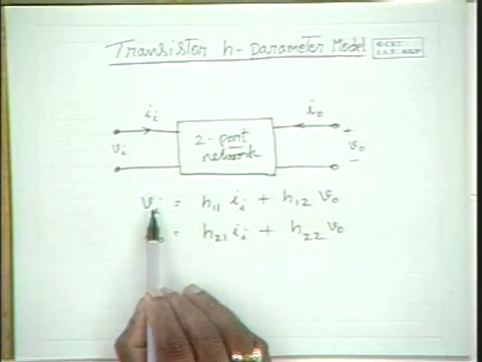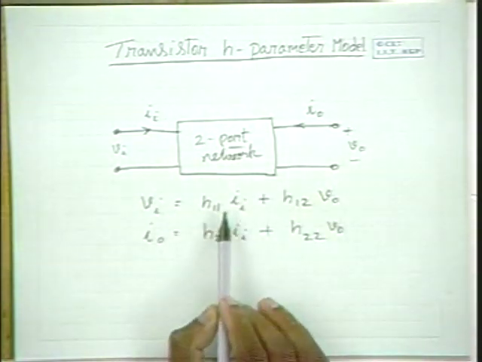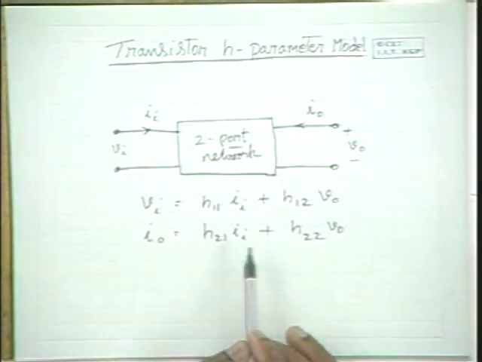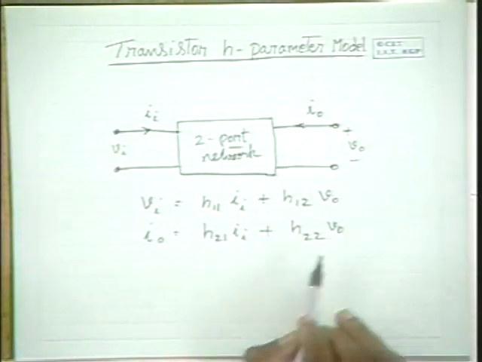So that's why Vi is given as a linear function of Ii and V0, and similarly I0 is given as a linear function of Ii and V0 here.